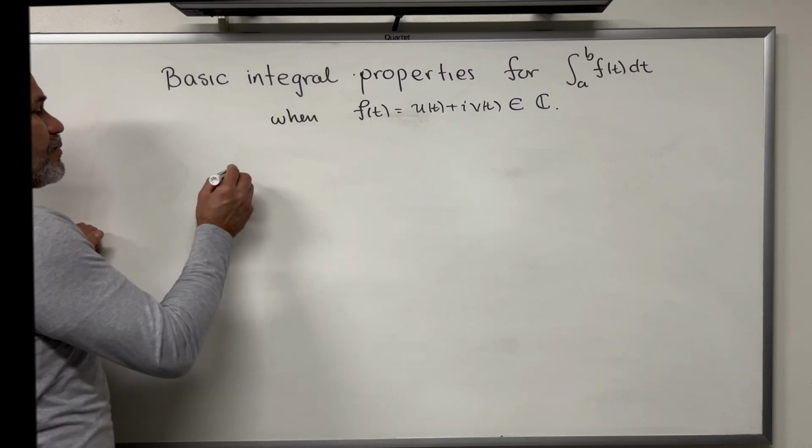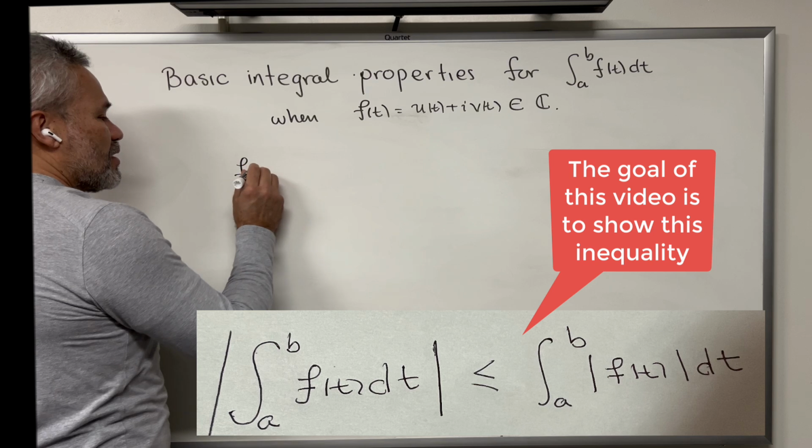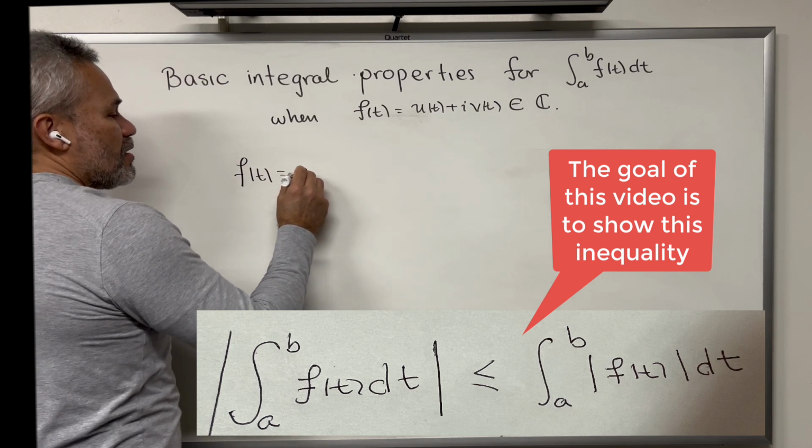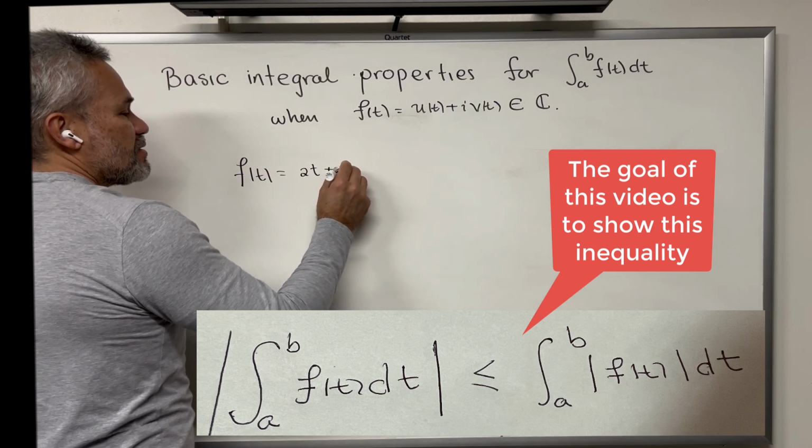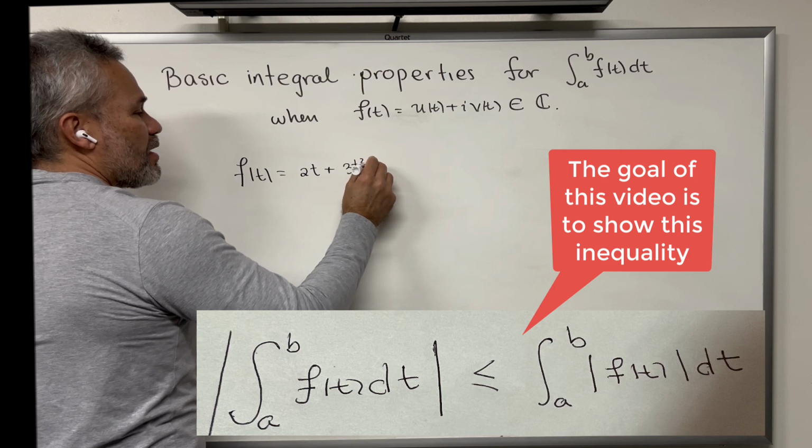Okay, let's assume that we have a function like this one, f of t equals 2t plus 3t squared i.